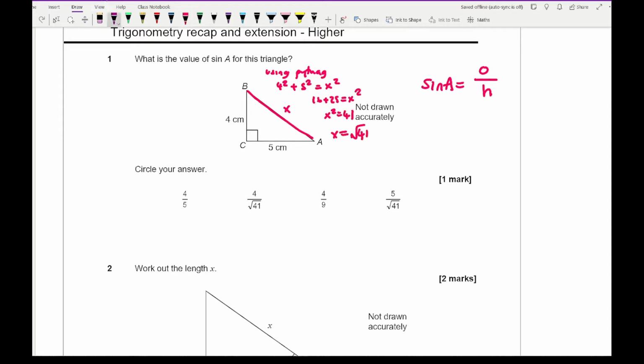So I can just simply get rid of that x and swap that for root 41. Then going back to the formula, sine A is going to be the opposite, which of this triangle, which here is the angle A. So the opposite is going to be 4, and the hypotenuse is now root 41, which is my second option.